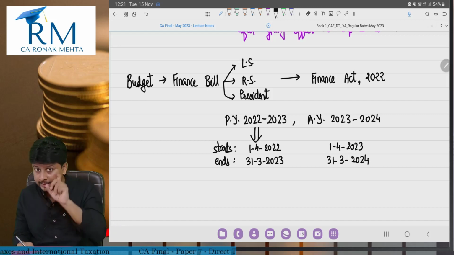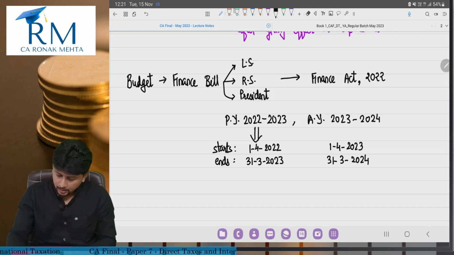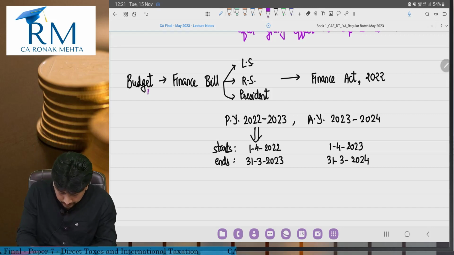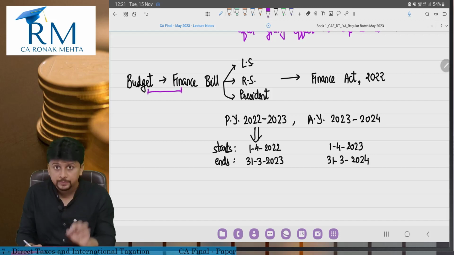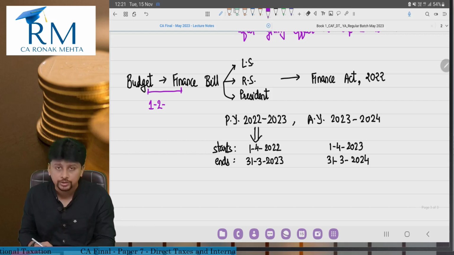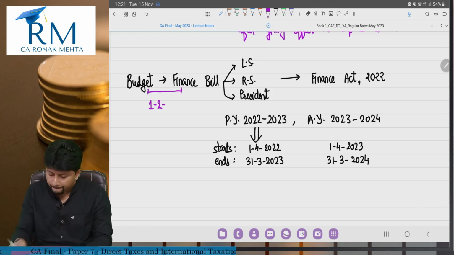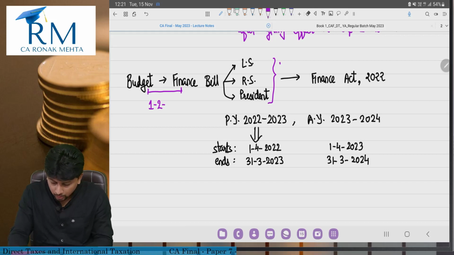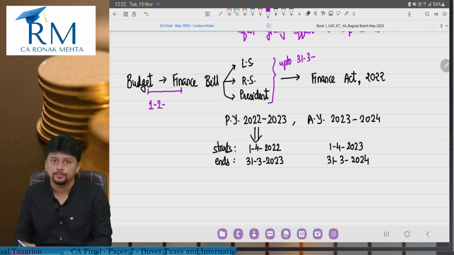Now the reason for writing these dates. The budget is presented, the finance bill is presented in the Lok Sabha, to the general public on 1st of February. And all of this process gets over up to 31st March.